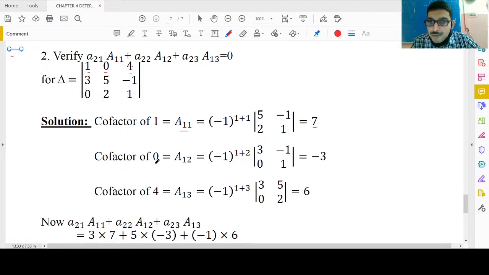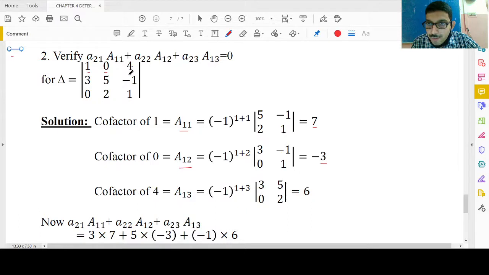Now cofactor of 0, 0 is in a12, so first row, second column, so minus 1 to the power 1 plus 2. You delete first row, second column, so determinant 3 minus 1, 0, 1. And it's equal to 3, value of the determinant is 3, but here it is minus 1, so the cofactor value will be minus 3.